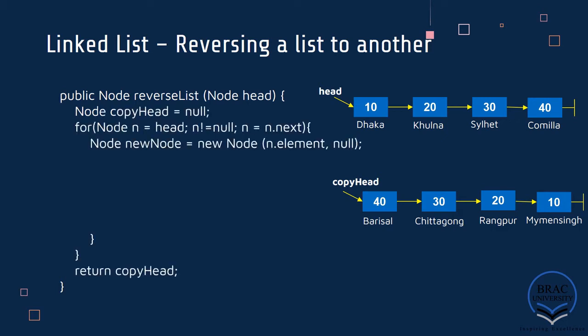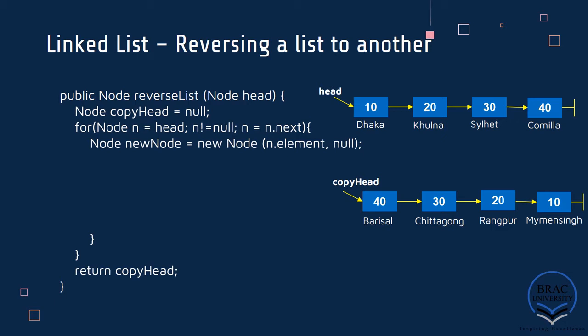So basically we are going to use copy head as a variable. We don't need copy tail here like in the copy list, because we can change the head while we are creating the nodes, because the head will be pointing towards the last element, so it doesn't matter if we change it.